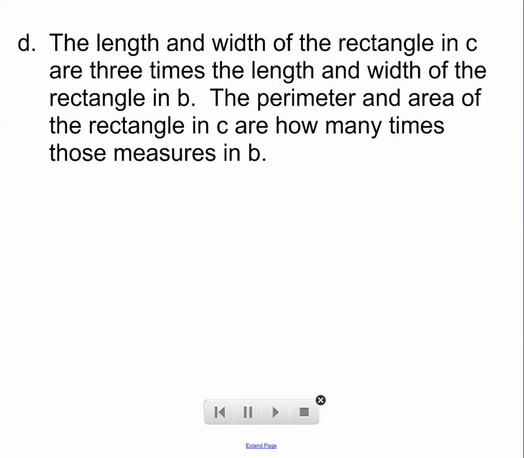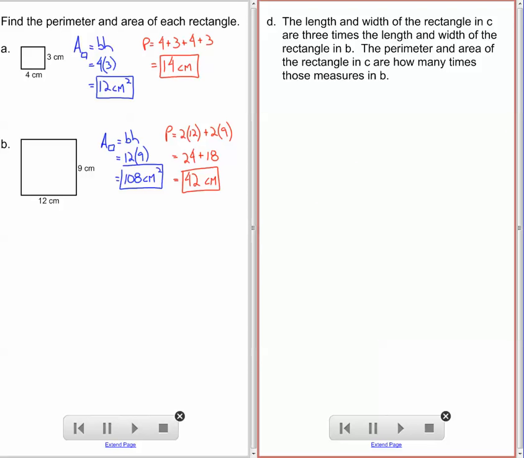The length and width of the rectangle in example C are 3 times the length and width of the rectangle in example B. The perimeter and area of the rectangle in C are how many times those measures in B? Well, to do this, I guess we need to be looking at the problems we just did.